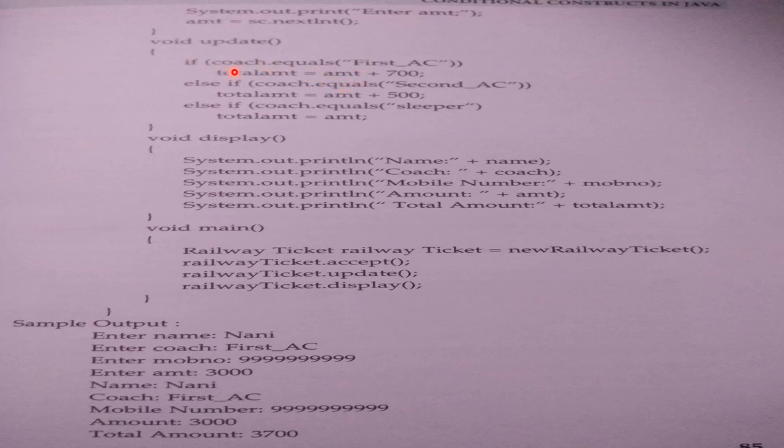First condition, if coach equals... you know that if we have to compare strings, we will use the function equals. So coach.equals first AC, then total amount will be basic amount plus 700. It is given in the question.